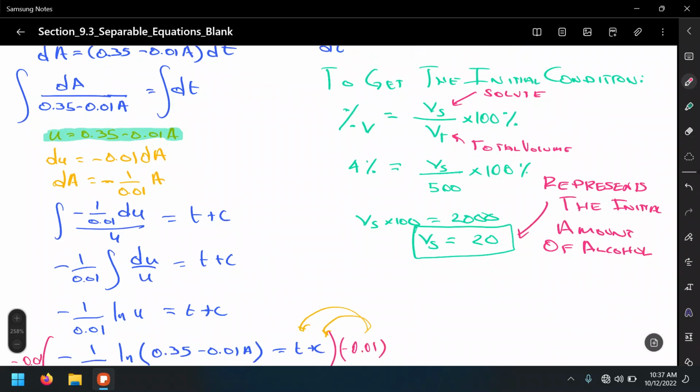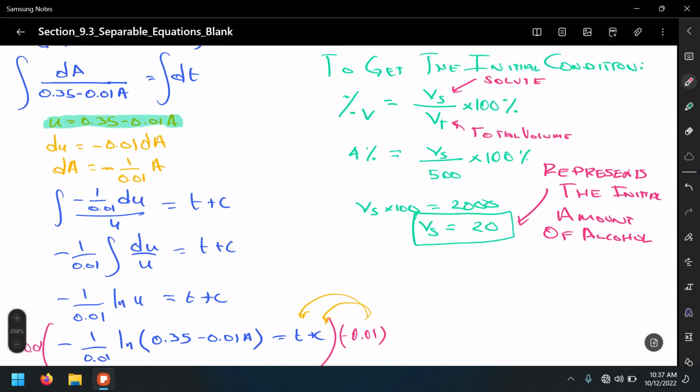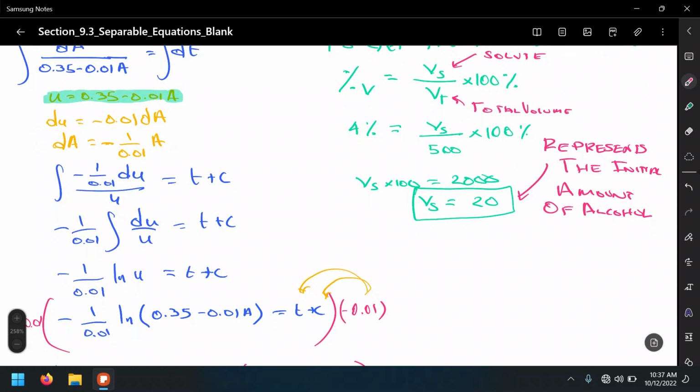So that's what we have inside of the tank at the beginning, before the other beer comes into the tank. It's 20 gallons of alcohol contained inside of 500 gallons of beer. That is before the mixture.